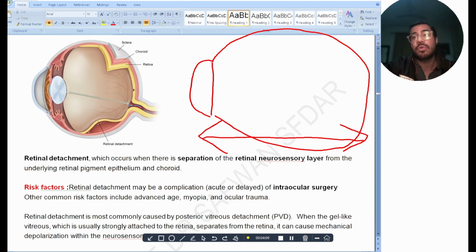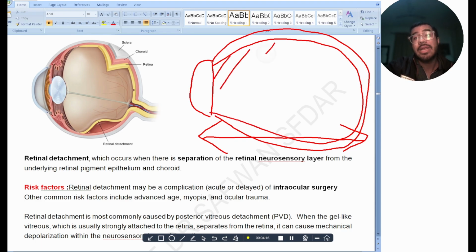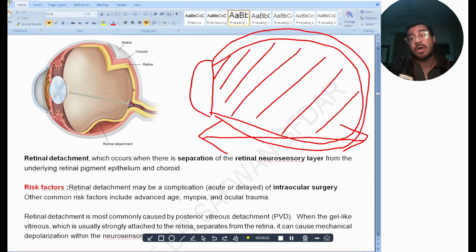Because of the poor structural integrity of the retina and the vitreous humor, the process of detachment might not occur, but if it wants to occur, the high axial length of the eye can really facilitate the process of retinal detachment. So the high axial length causes the detachment to occur with relative ease compared with a normal person. The first and biggest reason is intraocular surgery, and the second is high myopia. So these two are the main ones.